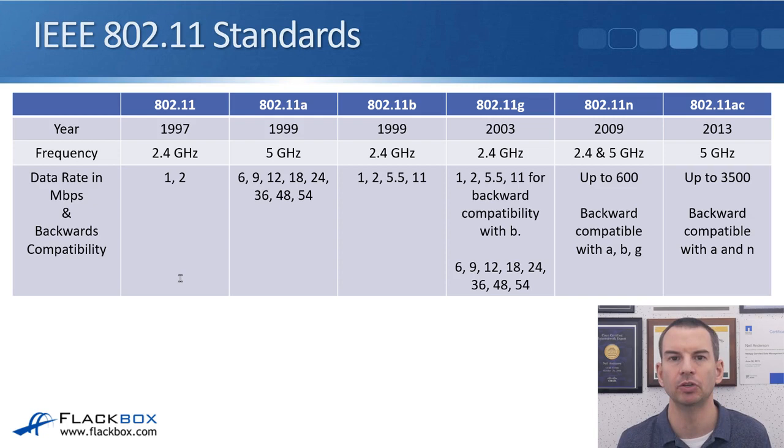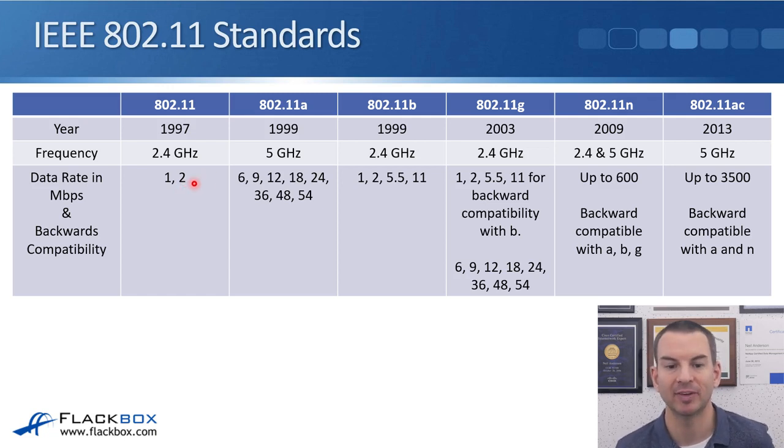Before we talk about the radio frequencies more, let's talk about the standards and how they have evolved over time. So the standard for Wi-Fi communications is IEEE 802.11. That first came out in 1997 and operated in the 2.4 gigahertz frequency range. And the maximum bandwidth was 2 megabits per second. So it was pretty slow.